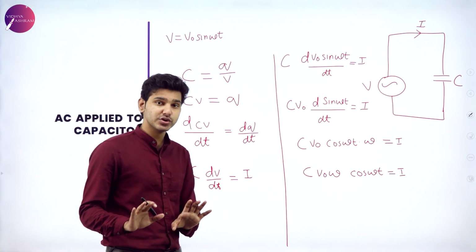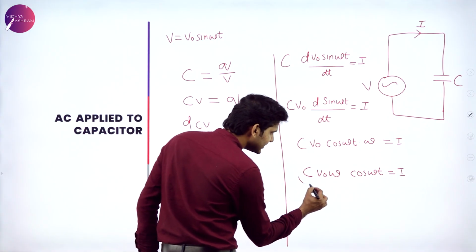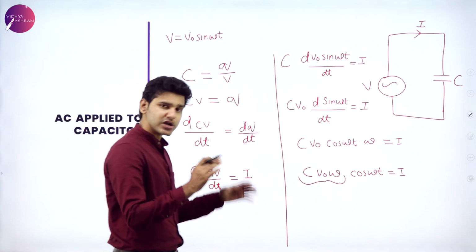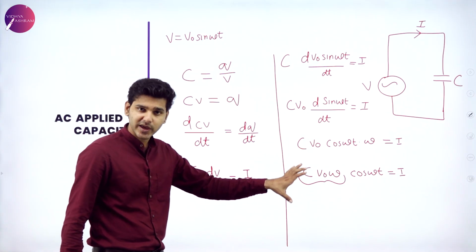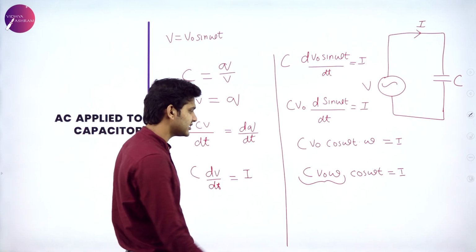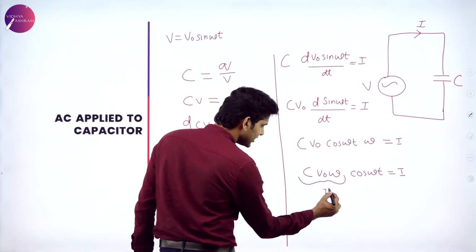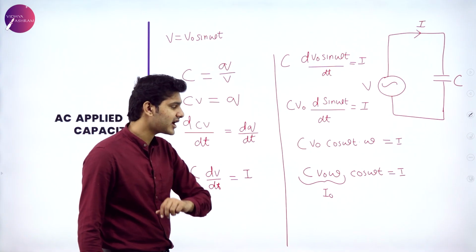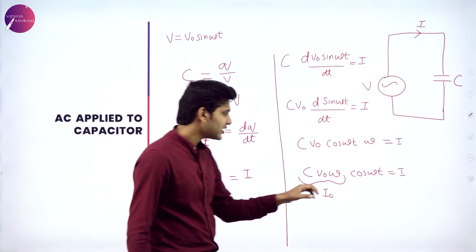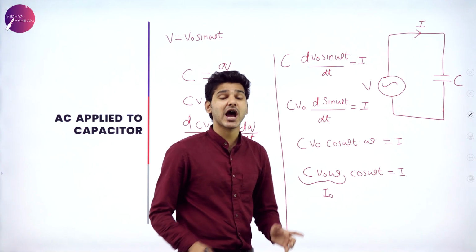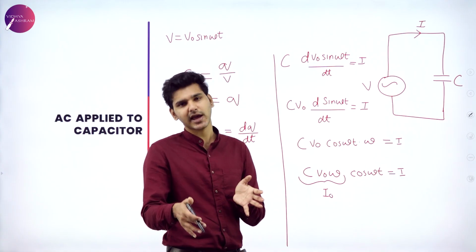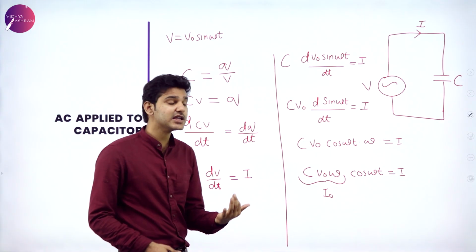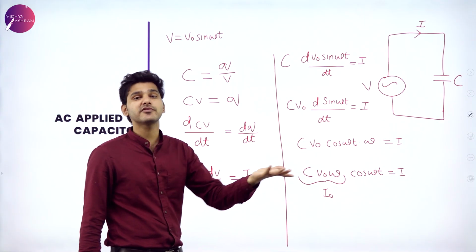So I'm going to take this particular quantity CV naught omega all together and say that this will be equal to I naught. So CV naught omega is equal to I naught. Now, instead of cos omega t, I'm going to write it in terms of sine, because we are representing all these graphs in terms of sine omega t.